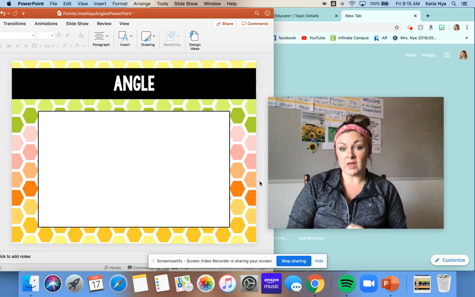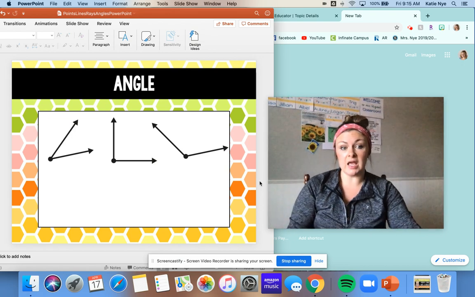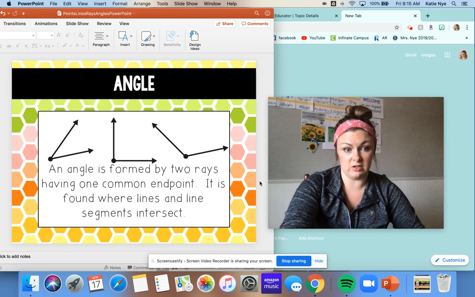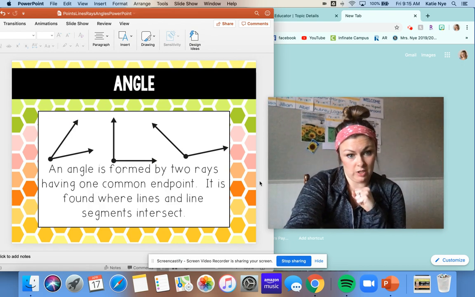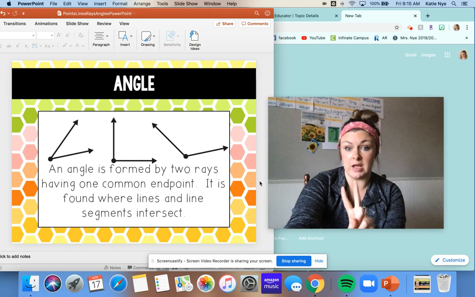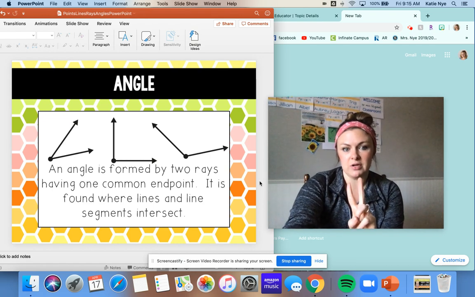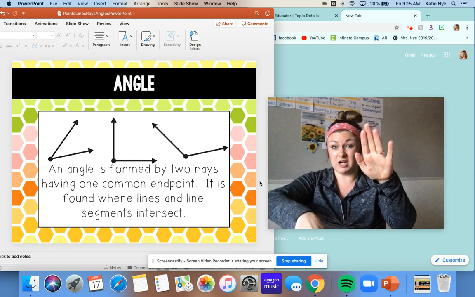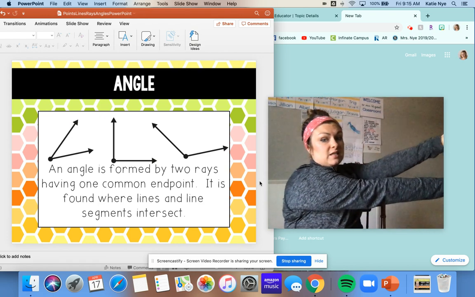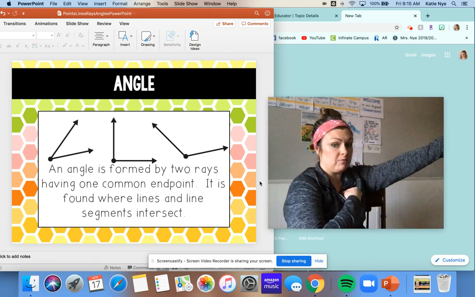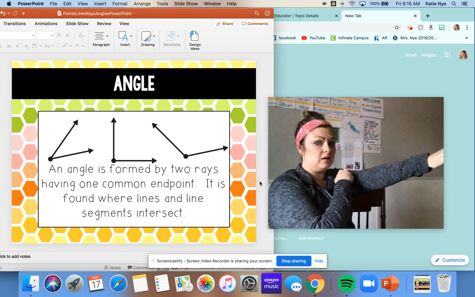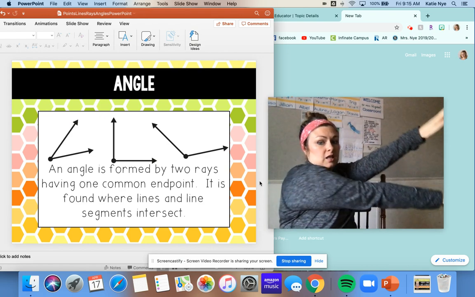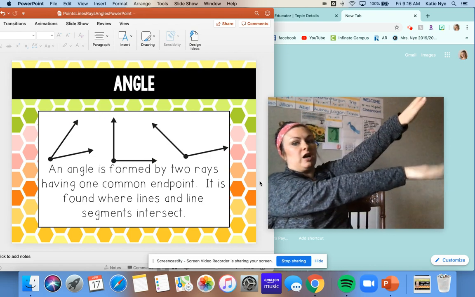Okay, then we have an angle. You see three different angles here. An angle is formed by two rays. So when we're talking about an angle having two rays, we're still using that same thing we just did for our vertex, where I am the vertex, and this line goes out in one direction, and then this line goes out in one direction, on and on forever.